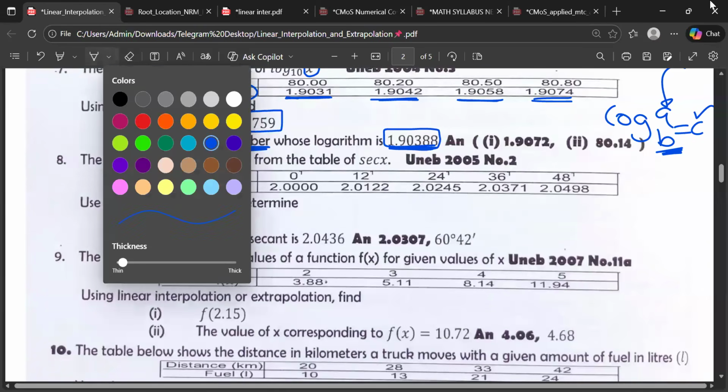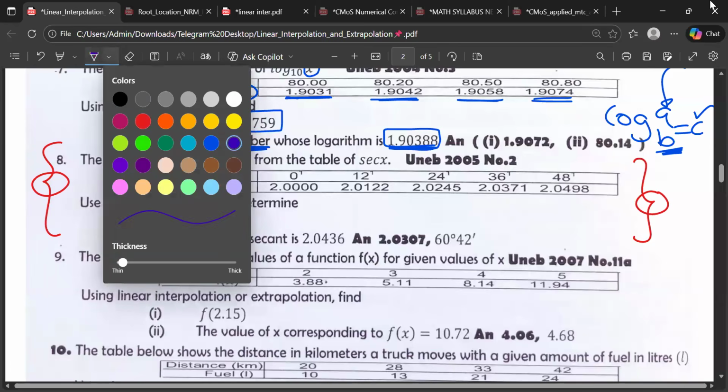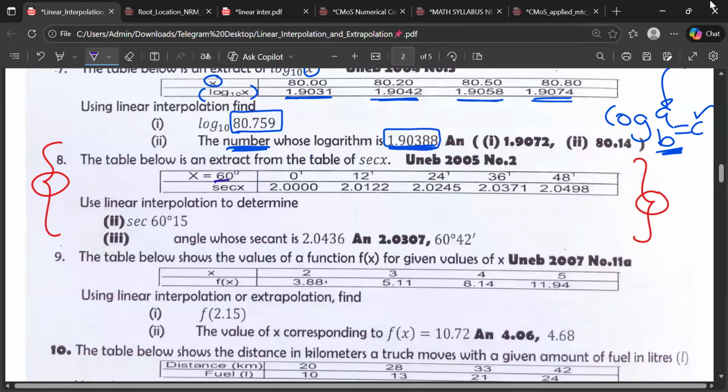Now this question is back. I don't know why, but there are people who didn't get this minute thing. But it's not hard. They are telling you that x is 60 degrees, and giving you 0, 12, 24, 36, 48 minutes. They are asking for 60 degrees 15 minutes, so 15 minutes falls between these. If you can convert those minutes into degrees, then use the degrees.